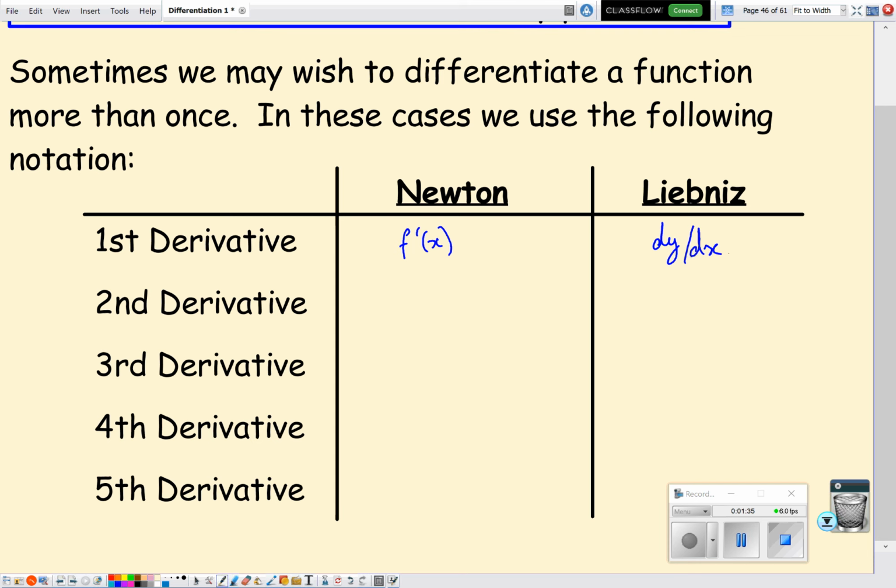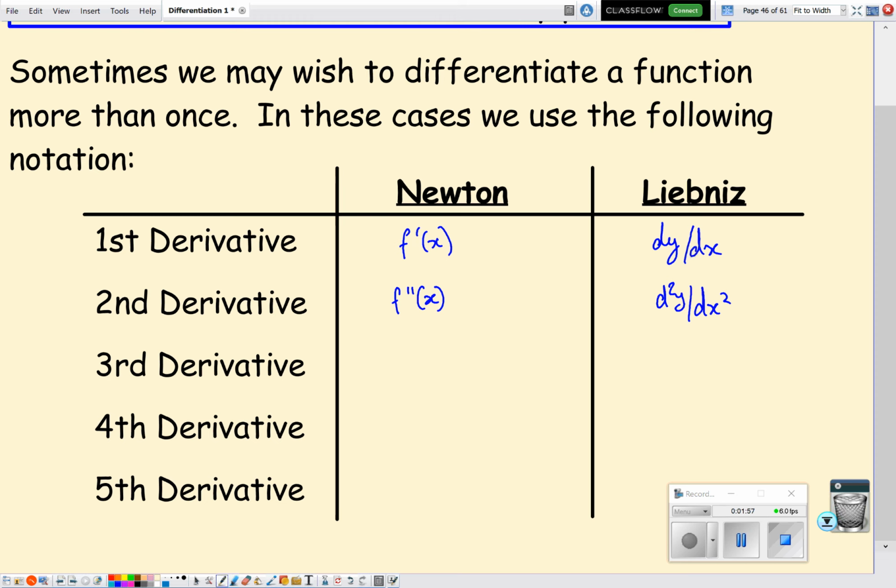For the second derivative, it's common sense for the Newton notation: f double dashed of x. And for the Leibniz notation, it's written in a funny way. It's written d2y by dx squared. And that's how it's said, d2y by dx squared, or it can just be called the second derivative.